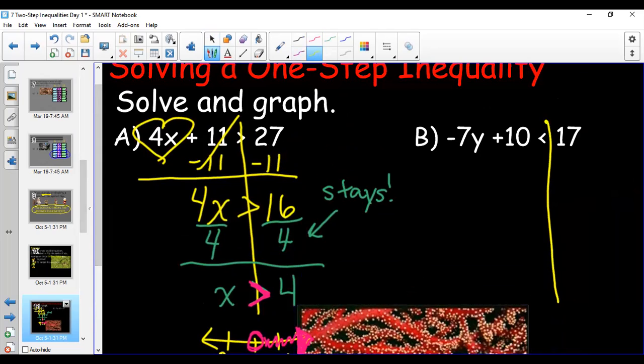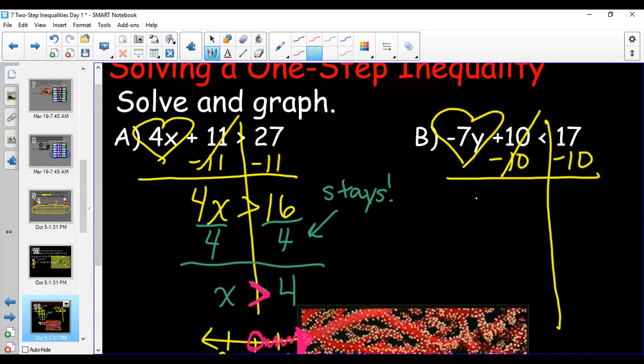All right, same thing, draw your line. We have our happy couple. Get rid of the outsider, so get rid of the plus 10 by subtracting 10. All right, that cancels. We have negative 7y is less than 7. And I need to get rid of that negative 7, so I'm going to divide by negative 7.